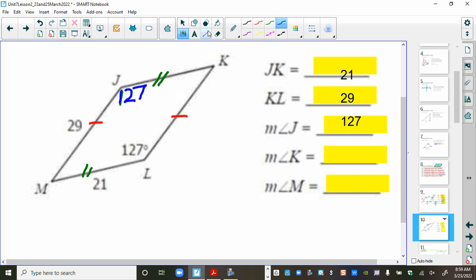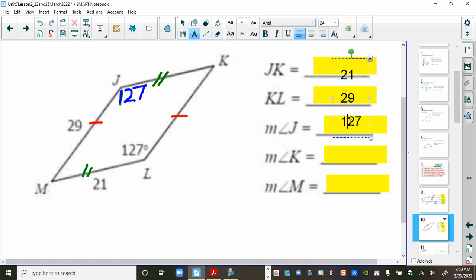Now, given what we learned earlier, will angle K and angle M be the same number? Same angle measure. All right, who thinks they know what those two angle measures are going to be? They're going to be 53 apiece.